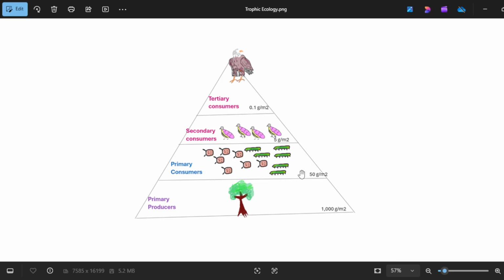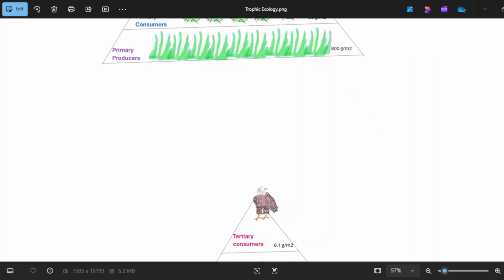These bugs, even though they are multiple in number, their mass is very less, 50 grams per meter square. Similarly, secondary consumer birds reduce to 5 grams per meter square, and tertiary consumers 0.1 grams per meter square. So this is how the biomass is reducing as we move up the trophic levels, and the producers have the maximum biomass in both these pyramids.